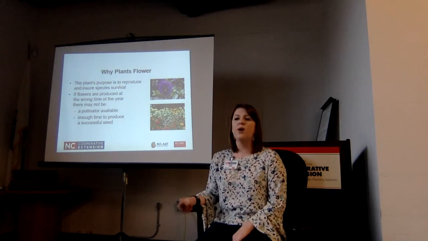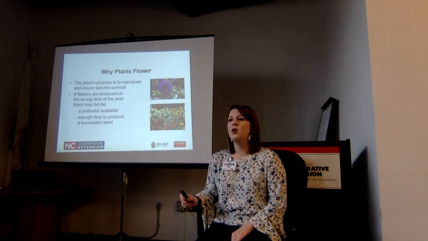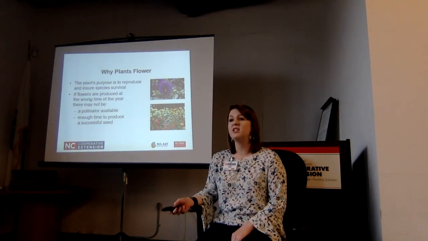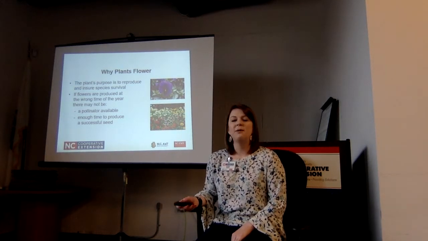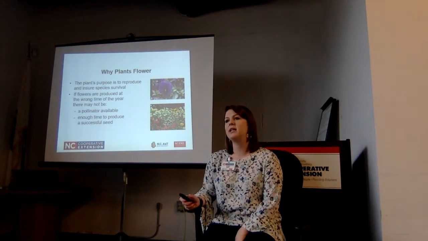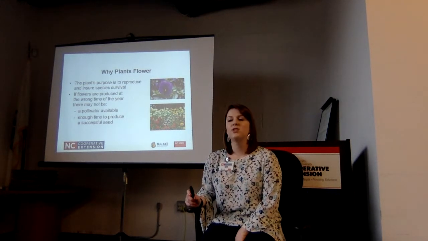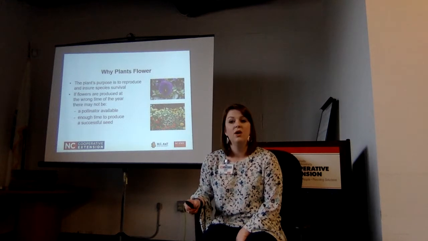All right, so first of all, we're going to start out with why plants flower. Basically, a plant's purpose is to reproduce, especially for the annuals. And we'll talk about what makes the difference between annuals and perennials. But basically, plants want to flower and set seed so that they can ensure the species' survival.